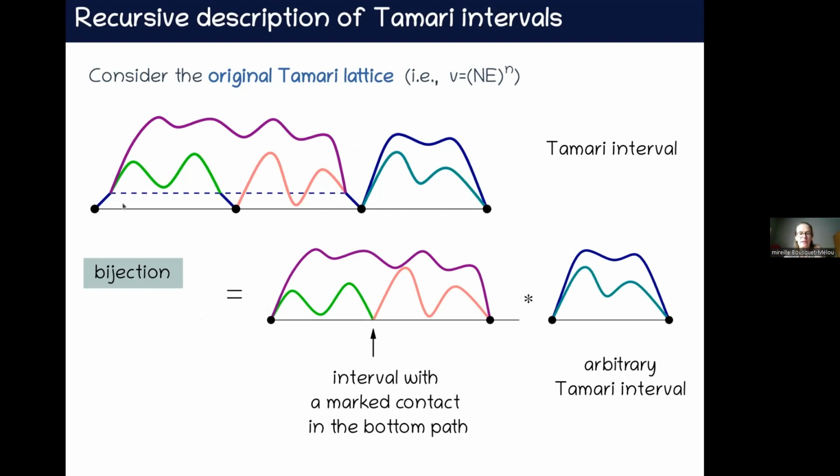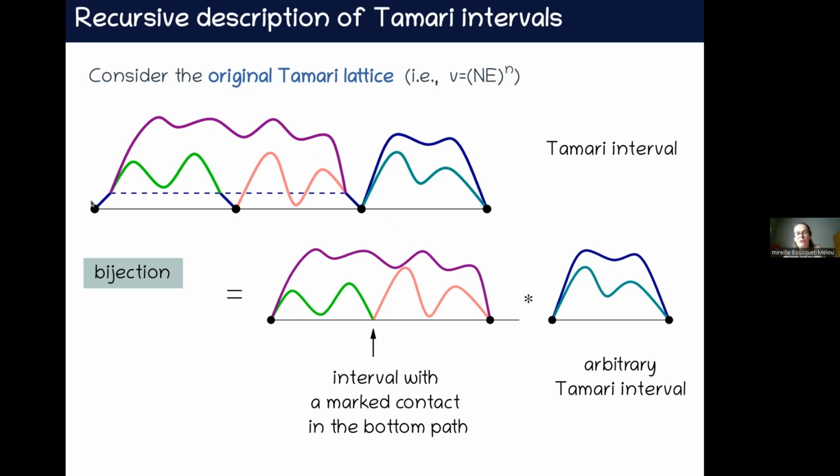And to do this, we look at the top path, and at the first time it returns to level 0. So, of course, the bottom path has to return to level 0 at the same position. And to the right, what you have is a smaller Tamari interval.